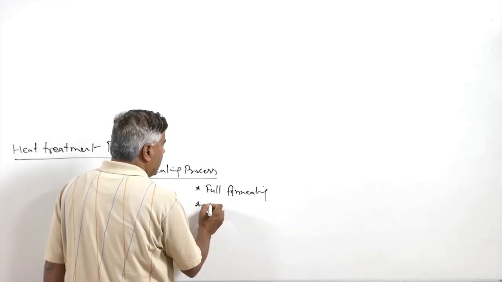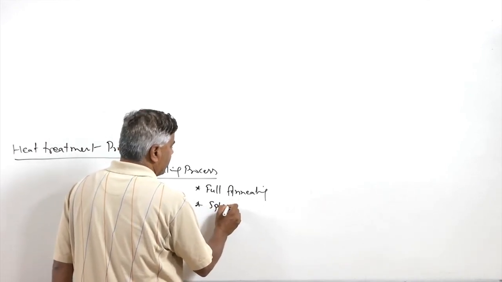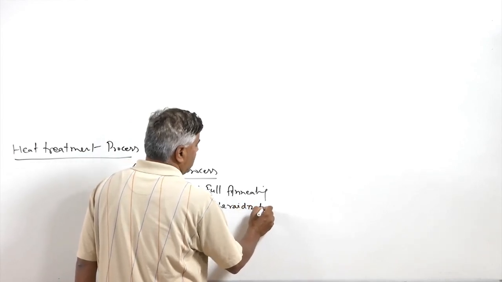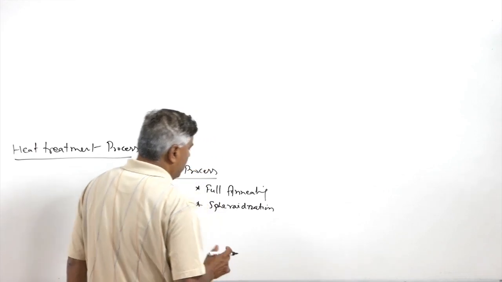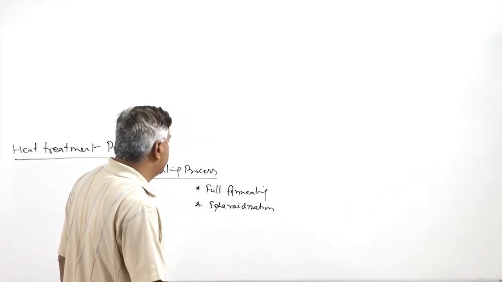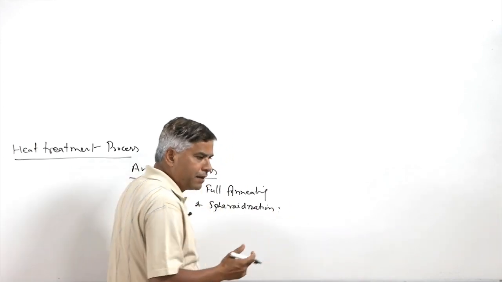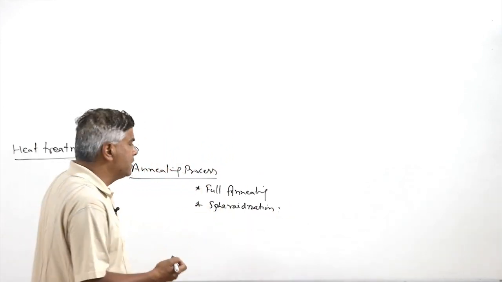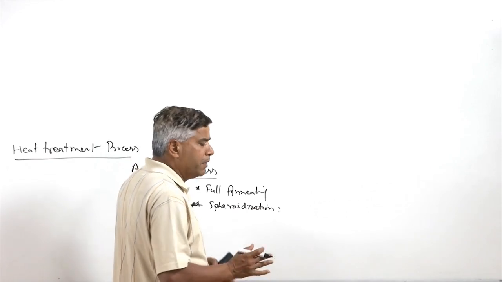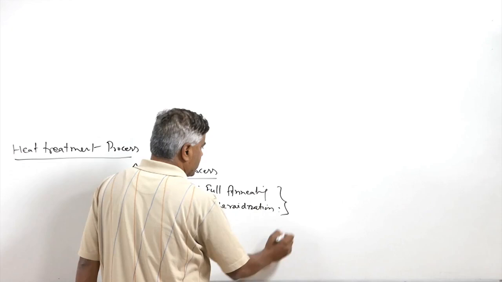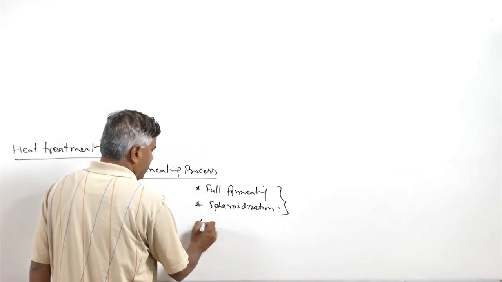And then spheroidizing also softens the steels, especially medium and high carbon steels, and this spheroidization primarily takes place of the iron carbide, which in turn improves the machinability of the steels, apart from increasing the ductility and reducing the hardness. So about these two processes I have talked in the last presentation.